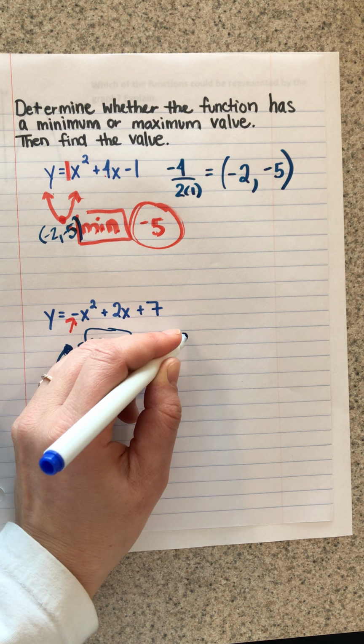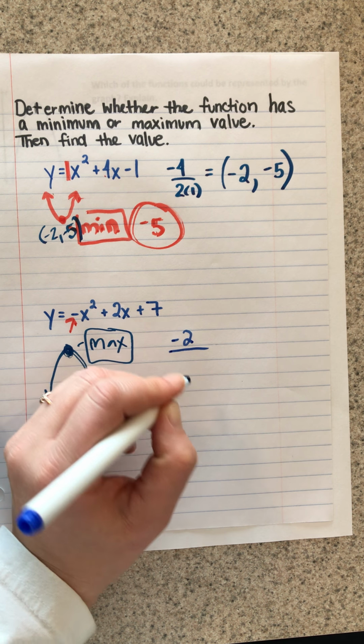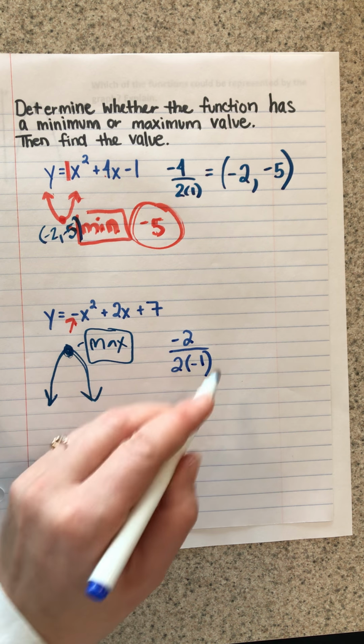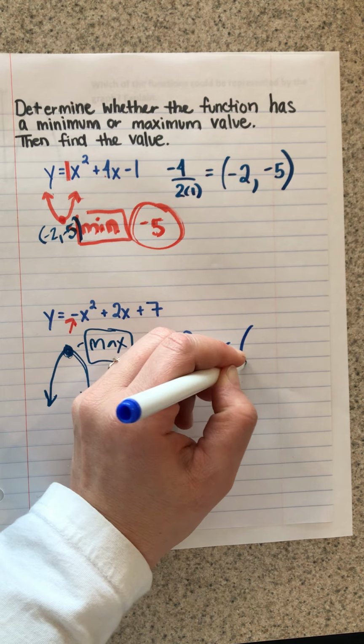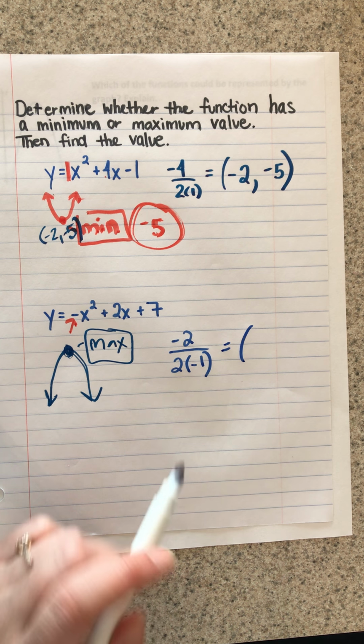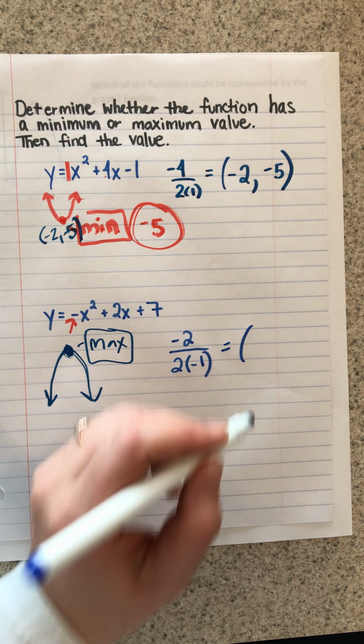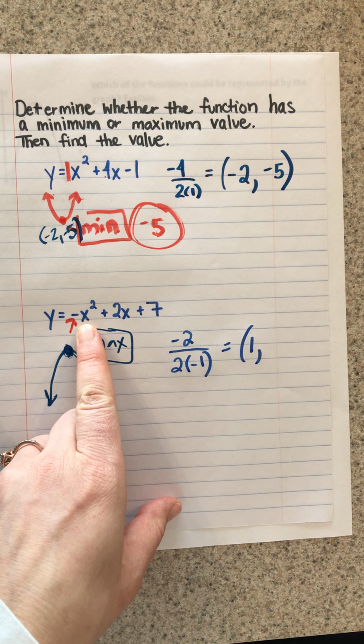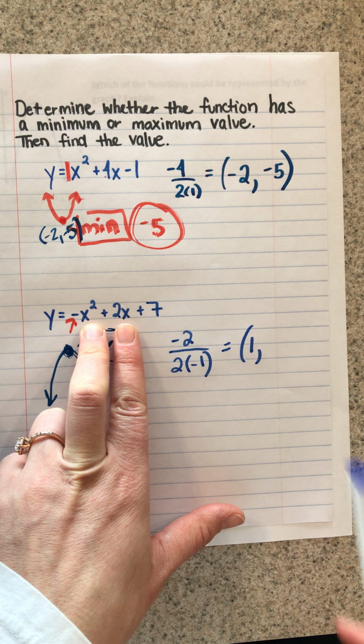When I plug it into the formula, it becomes a -2 over 2 times a is a -1. So this right here will give me my x-coordinate of my vertex. -2 divided by -2 is a +1. Okay, now I need to plug in 1 in for each of these x's to find the y-coordinate.